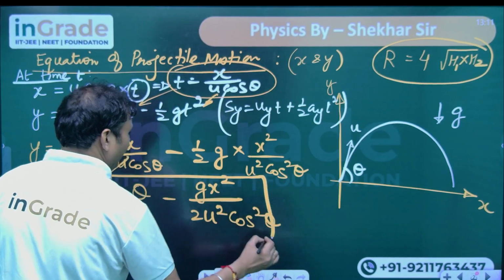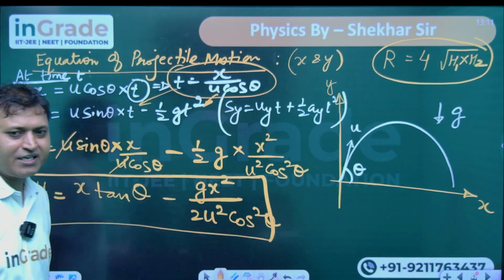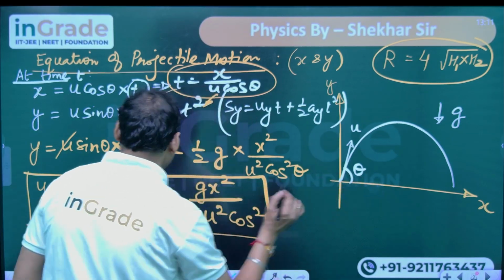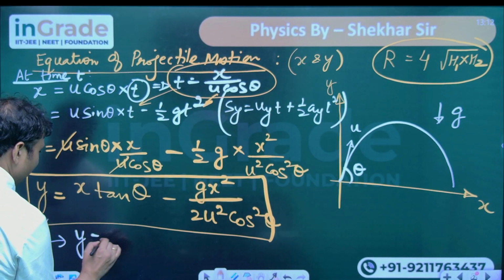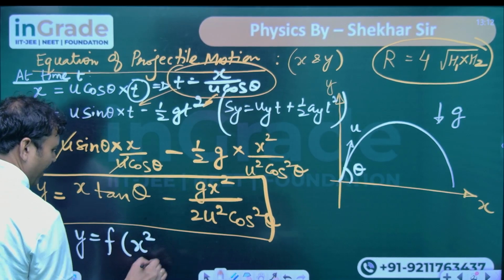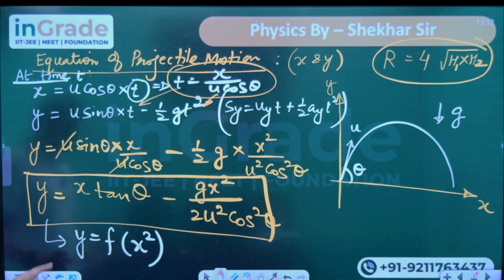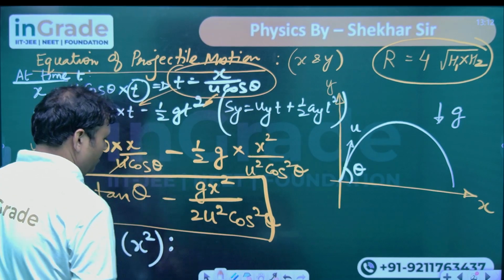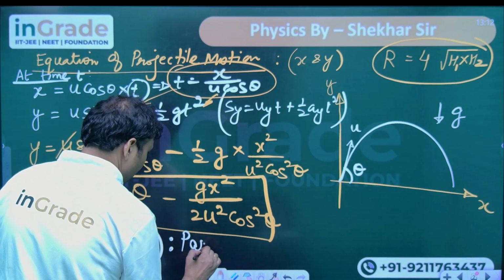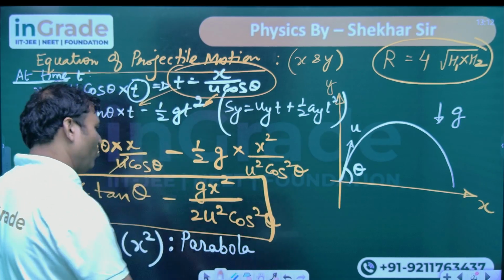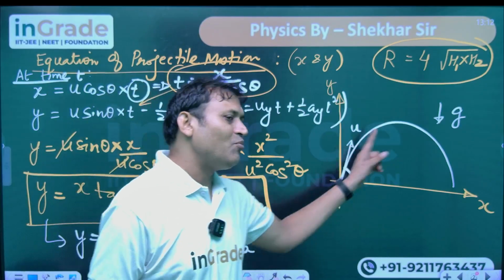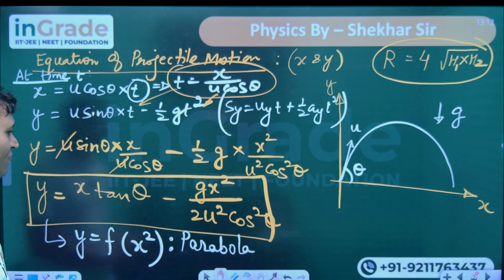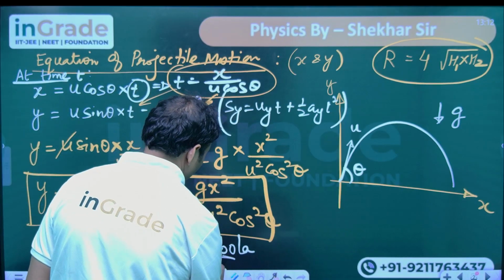This is one expression of projectile motion, or equation of the trajectory. Can we say that here y is a function of x square? When the y coordinate is a function of x square, it is the equation of a parabola. So the path of the projectile motion is parabolic, isn't it?